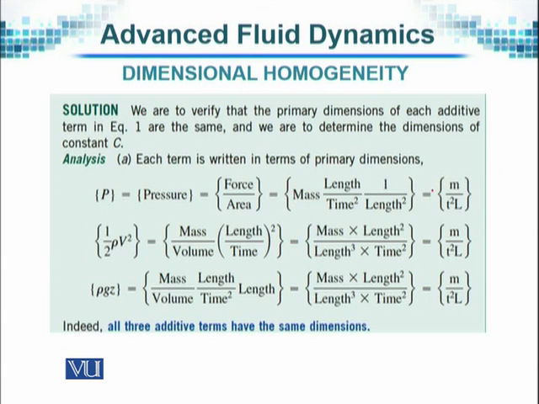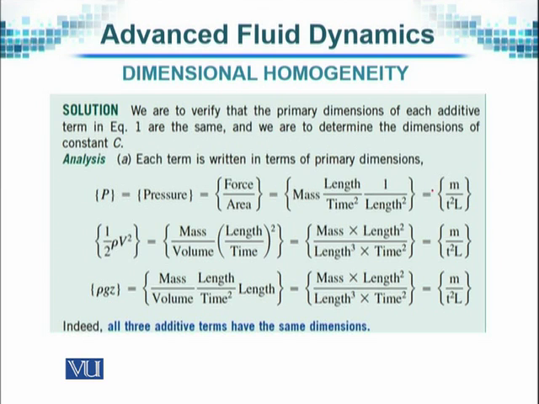The second term, half rho into V square. Half is a constant, so it will have no dimension. Rho is density, which is mass per unit volume, times V square, and velocity is distance over time.